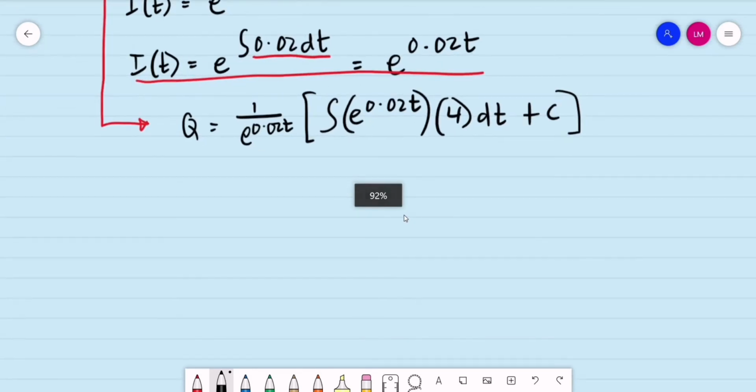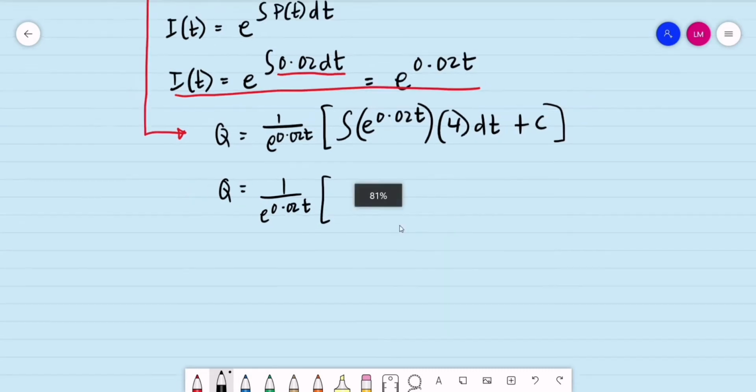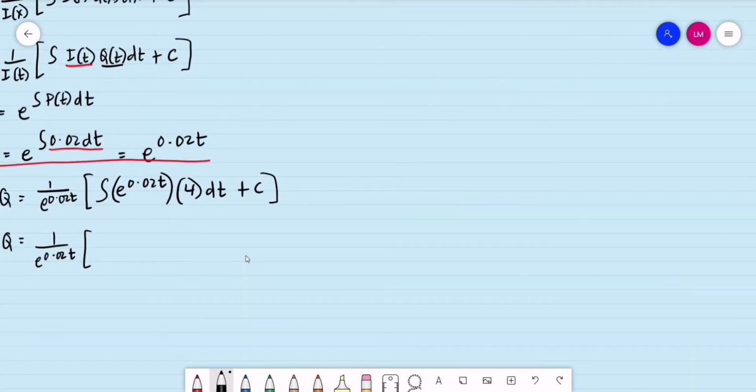We integrate. This is now Q is equal to 1 over e raised to 0.02t, to be multiplied by, what is the integral of e raised to 0.02t? If you recall our integrals, the integral of e raised to 0.02t is simply equal to e raised to 0.02t, to be divided by 0.02.